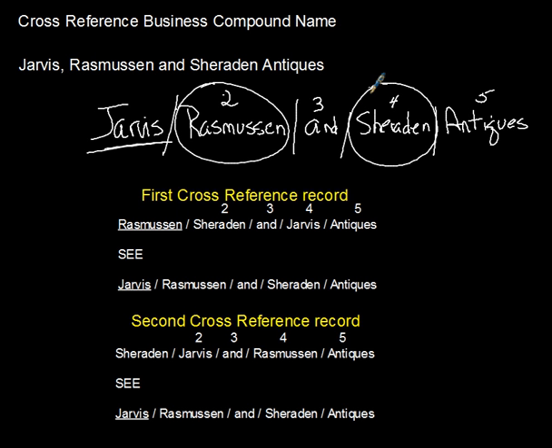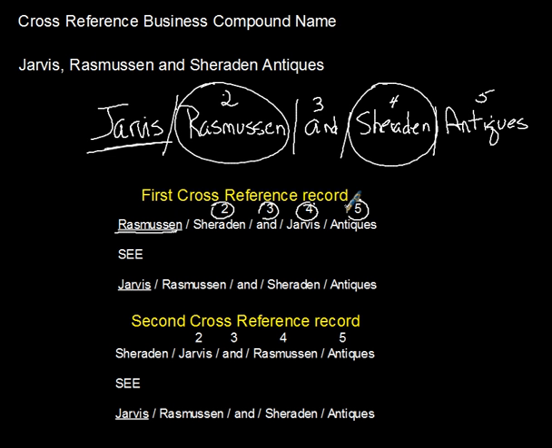So let's do the first cross-reference. What we're going to do is make Rasmussen the key unit, and then Sheridan unit 2 and 3, Jarvis 4, Antiques 5. But remember, this is the cross-reference.